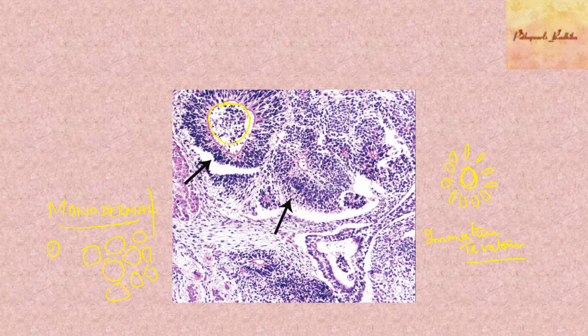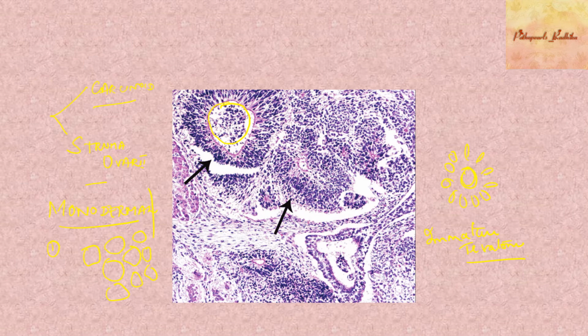This we call struma ovarii. So it's a particular type of specialized monodermal teratoma. One more type is called carcinoid. So these two are monodermal teratomas, right? So we have seen mature, immature and monodermal teratomas, and always try to look for immature elements in an ovarian teratoma.